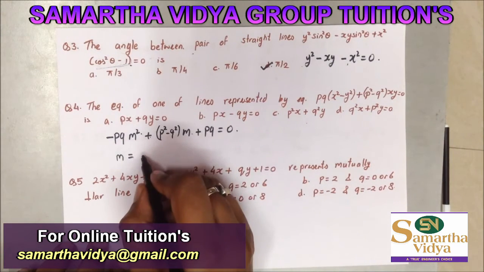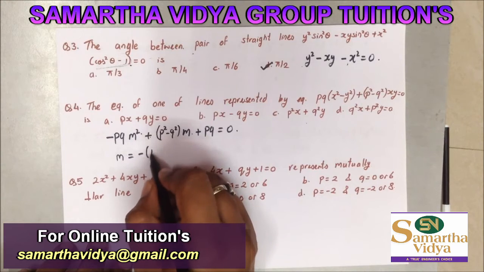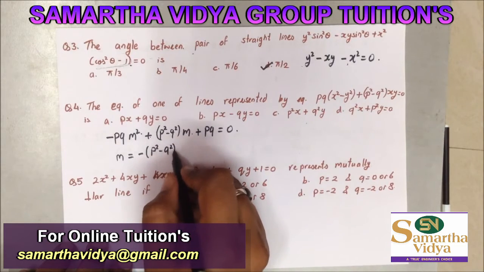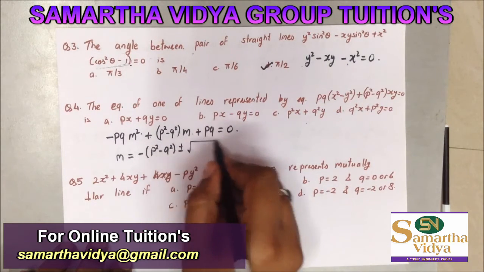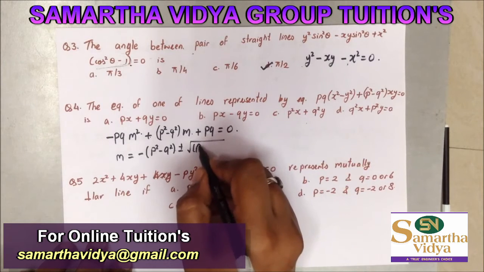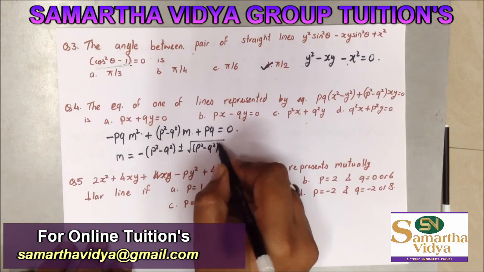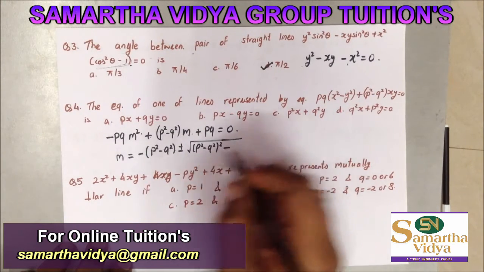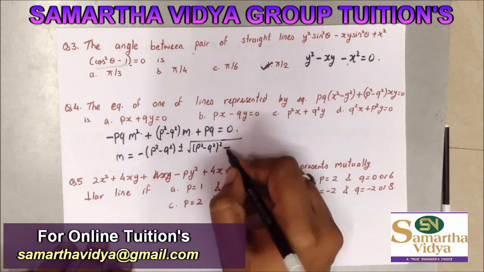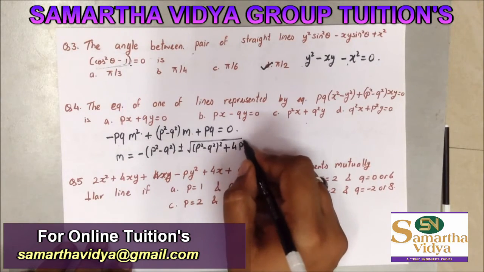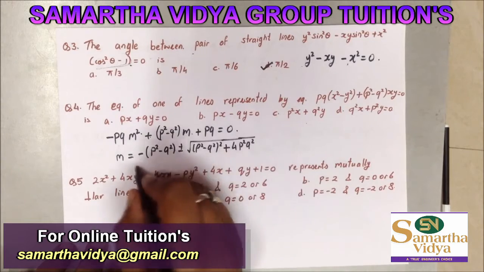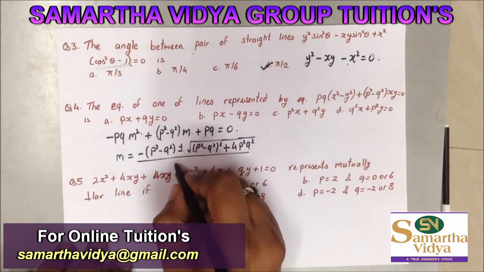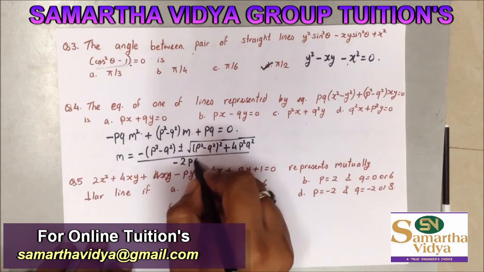So it is minus b, so it is minus p square minus q square plus minus root of b square, which is p square minus q square the whole square, minus 4ab, so that becomes 4p square q square, upon 2a, that is minus 2pq.